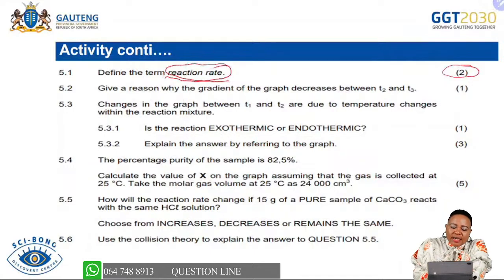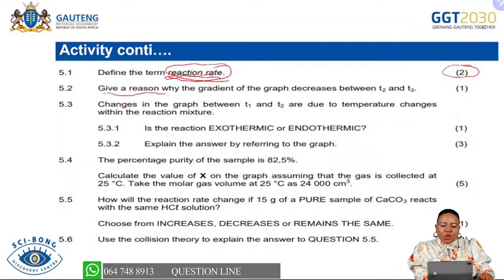We know that the rate of reaction is the change in the concentration of the products or reactants per unit time. It is not only the change in the concentration of the products or reactants, but the change in the concentration per unit of time or per second, which is the full definition of the rate of reaction.